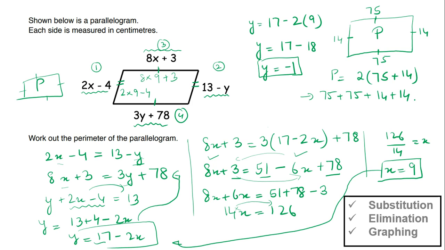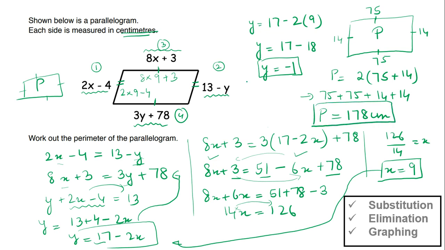You can recheck by both methods just to make sure that you're doing the right thing. So 75 plus 75 plus 14 plus 14 gives you 178. So 178 centimeters. Why centimeters? Because it says each side is measured in centimeters. So my perimeter obviously also has to be in centimeters. So the final answer is 178 centimeters.